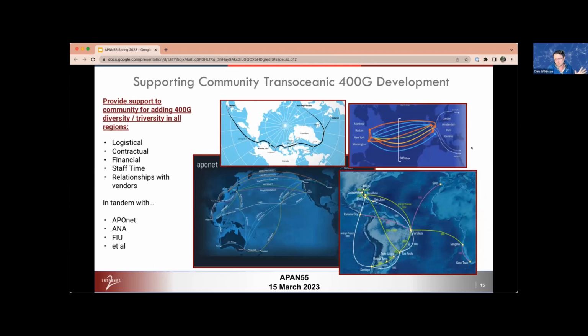Mentioned the goal of looking at 400 in other parts of the world. We're starting to have some conversations with our various other consortiums, APONet, the folks in South America, and then supporting Norgenet and the other European efforts on Arctic Connect to bring 400 gig up in those areas.